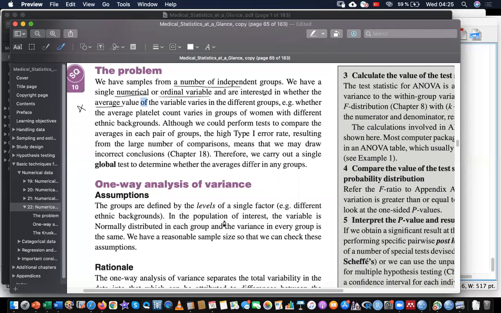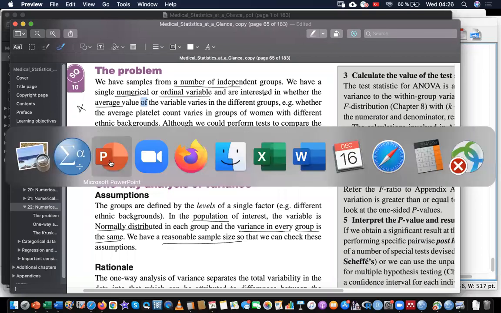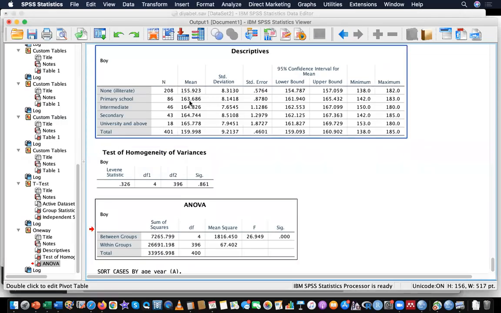In the population of interest, be aware this says the population, the variable is normally distributed. Then the variance in each group is the same. And we need a reasonable sample size. Three assumptions. So, is it normally distributed? We have to go and check. How do we check whether this height is normally distributed between the groups?